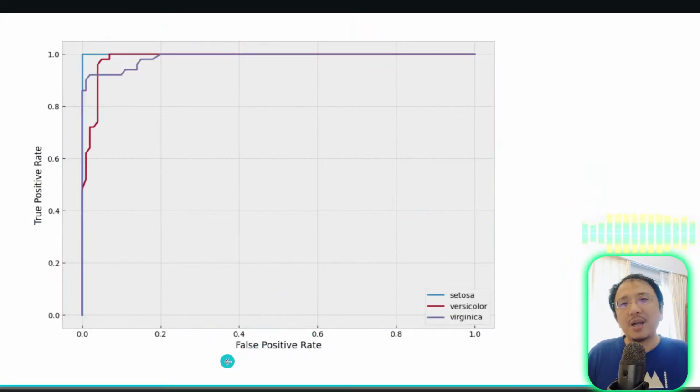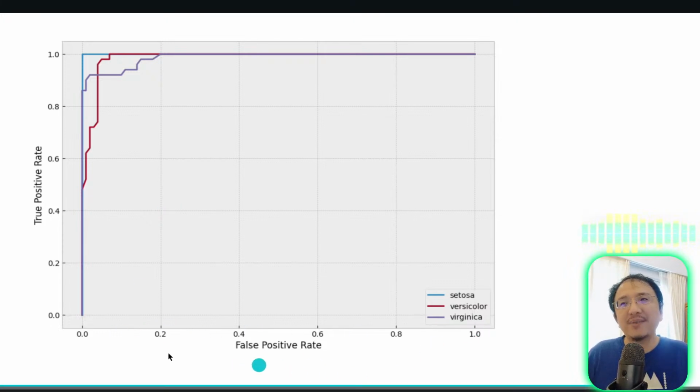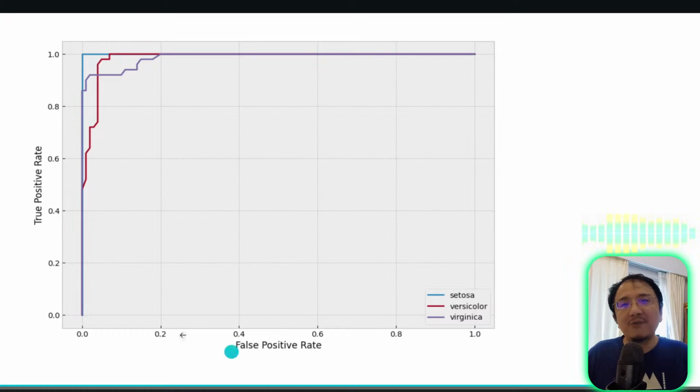Another thing that we use a lot is the ROC curve, which has on the x-axis the false positive rate, and on the y-axis the true positive rate, TPR. This shows the trade-off between the false positive rate and the true positive rate.